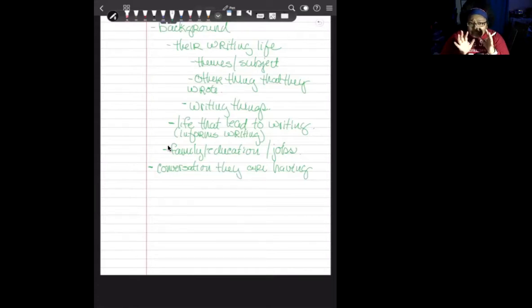Because in addition to the conversation that they're having, and this goes into context, you want to know when things were written. Again, this bleeds into context. So say something like Harrison Bergeron, or something like Letter from Birmingham Jail. We know that those were written in the 60s, during the time of lots of civil unrest during the civil rights movement. You're seeing these images on television, which was a relatively new medium at that time.